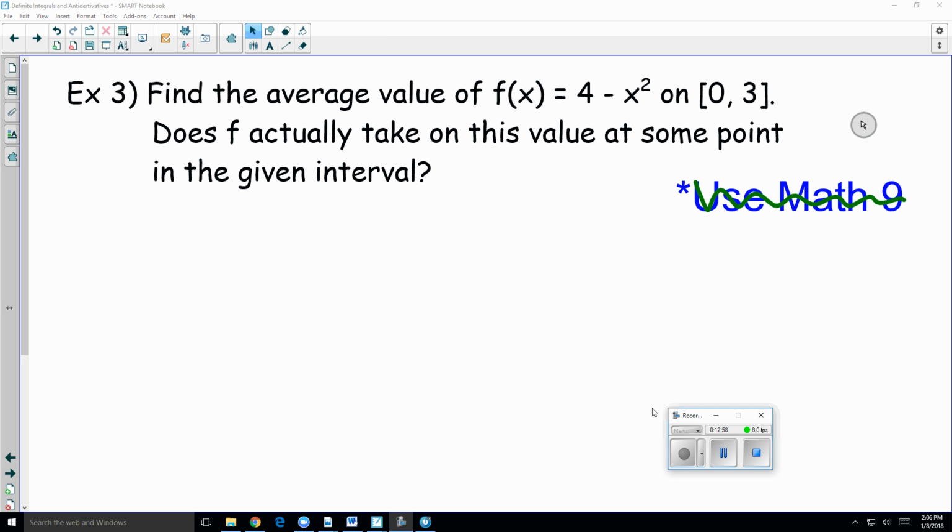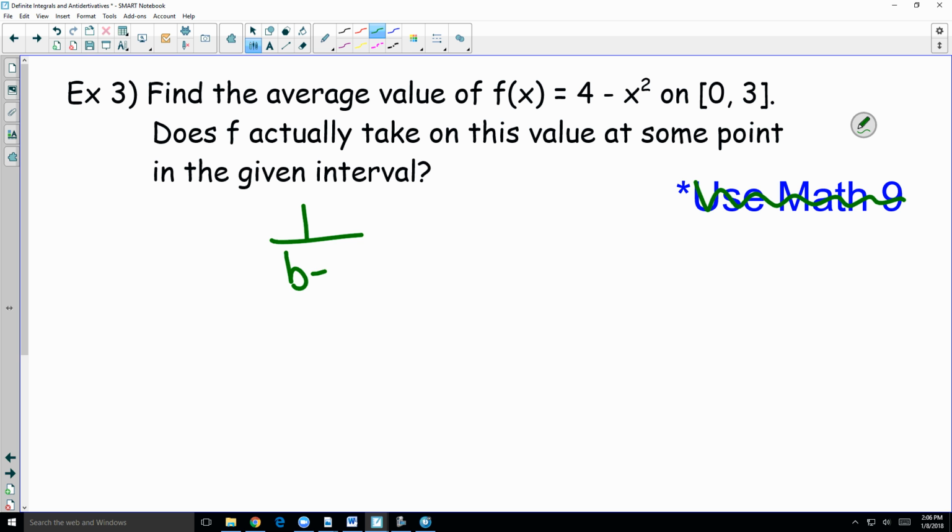Okay, so writing the formula here, the first thing I'm going to do is recall the average value, because it says find the average value. So that's 1 over b minus a times the integral from a to b of f of x dx.